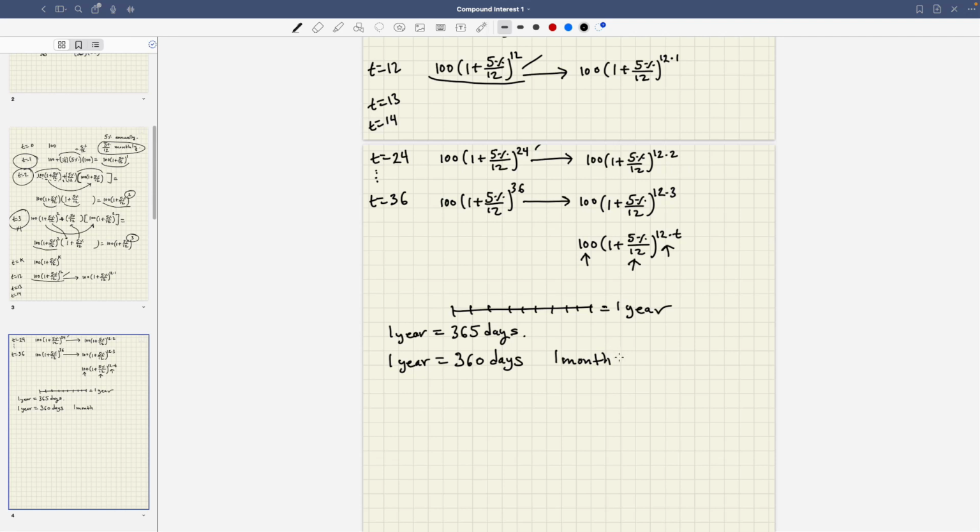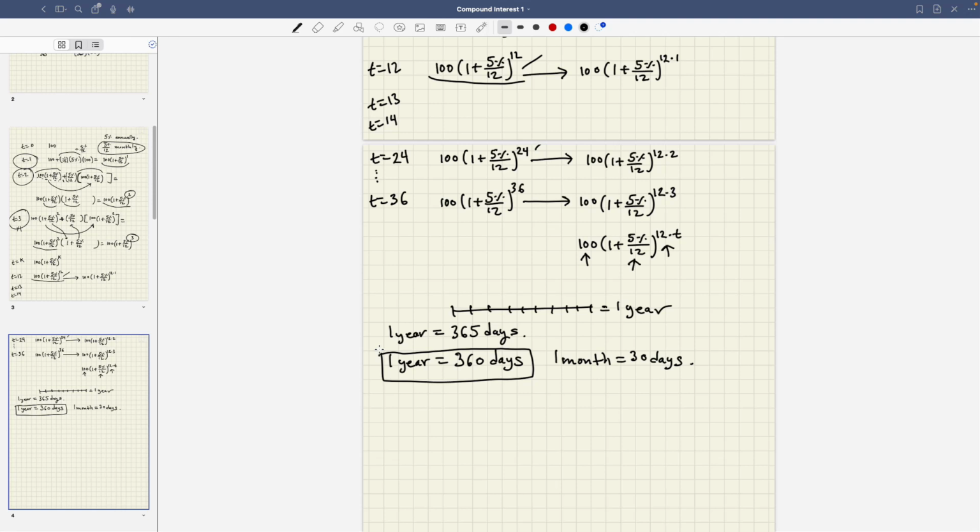So they say that each month has exactly 30 days. This is the reason why banks break a year into 360 intervals of equal length.